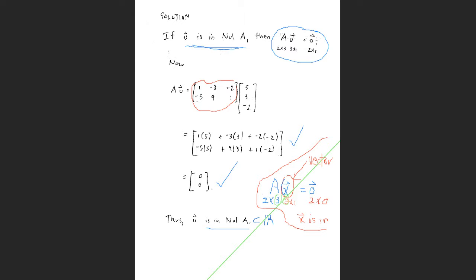X is in the null space of A. Right, that's right, Matthew. X is in the null space of A. And so the null space of A is the subspace of R3. That's right, Solomon. That's right, Matthew. So the null space is the subspace of R3.